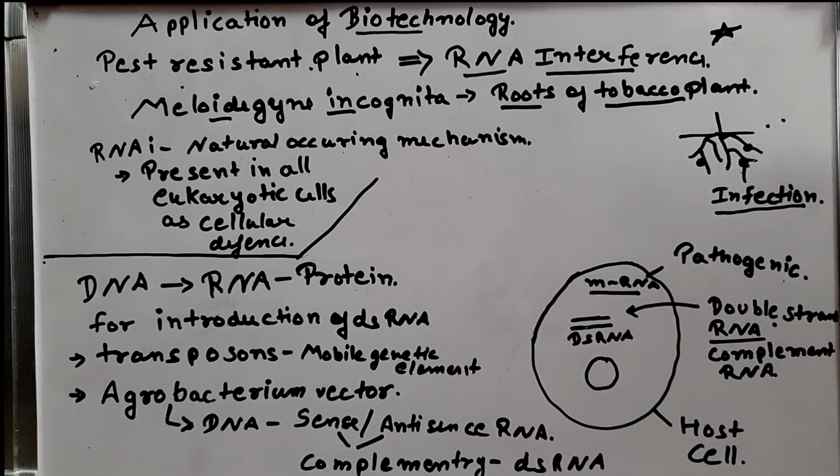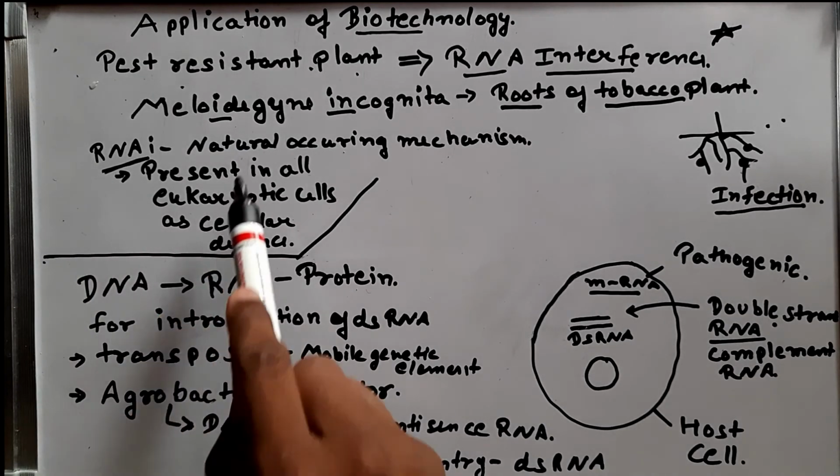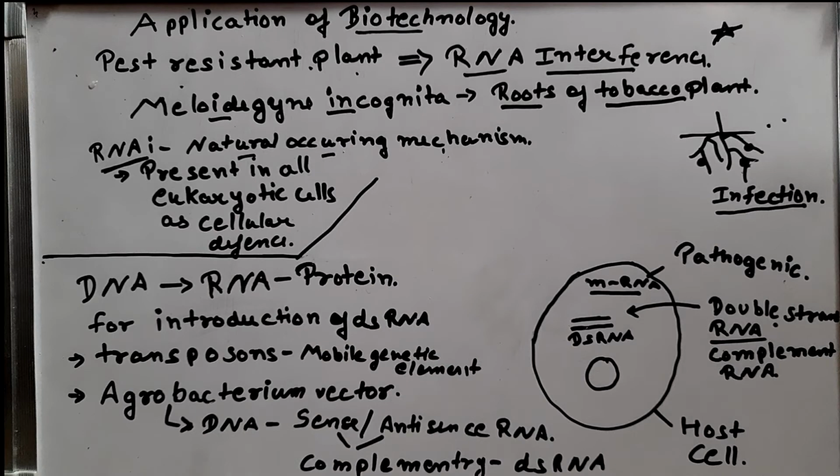Now we are using RNA interference. Some points related to RNA interference have to be remembered because they can be asked in exams too. RNA interference is a naturally occurring mechanism, that is, it already exists in nature. We just use it for our purpose.